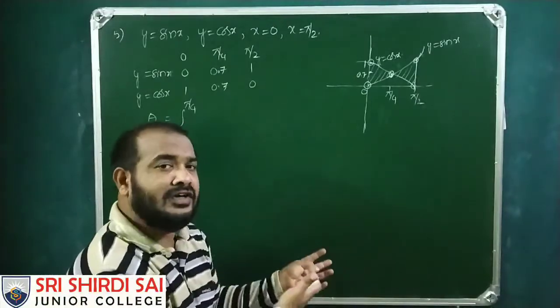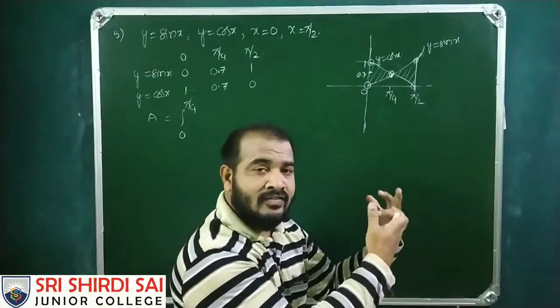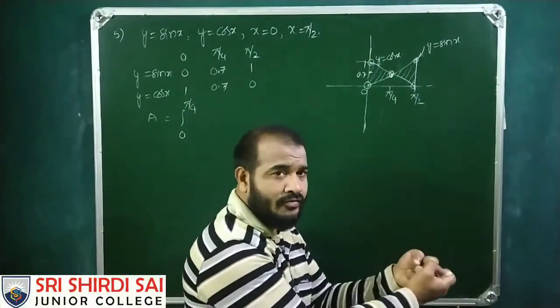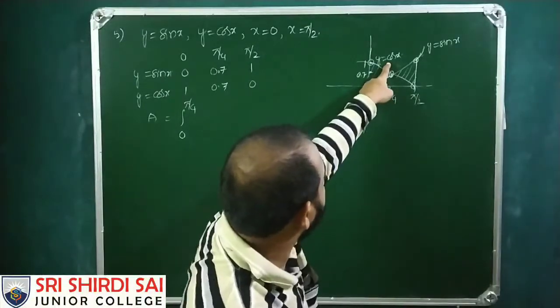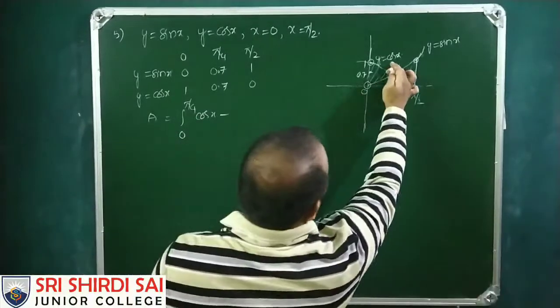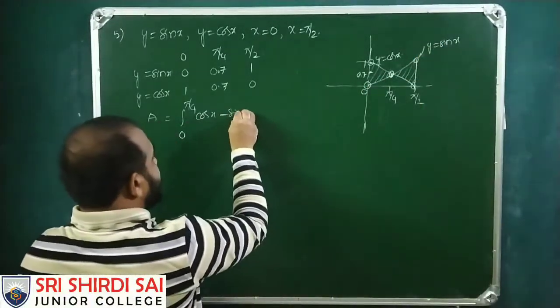Y is anyway a function of x itself. So here upper curve is cos x minus lower curve, which is sin x, dx.